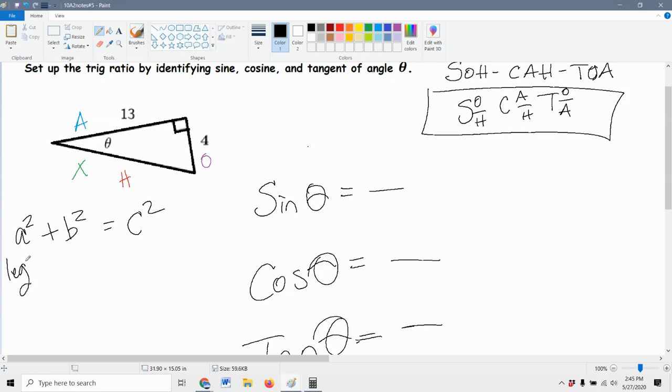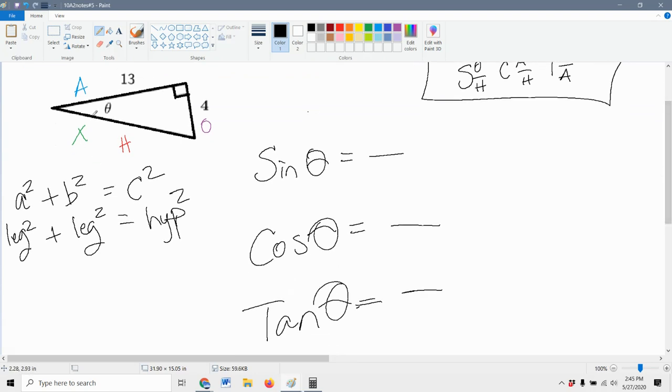The other way to think about that is leg squared plus leg squared equals hypotenuse squared, because c is always the hypotenuse. It doesn't matter which leg goes which place, but c has to be the hypotenuse. When we're looking for a missing side, X is always that missing side, but sometimes X is a leg, sometimes it's the hypotenuse, so be super careful about that.